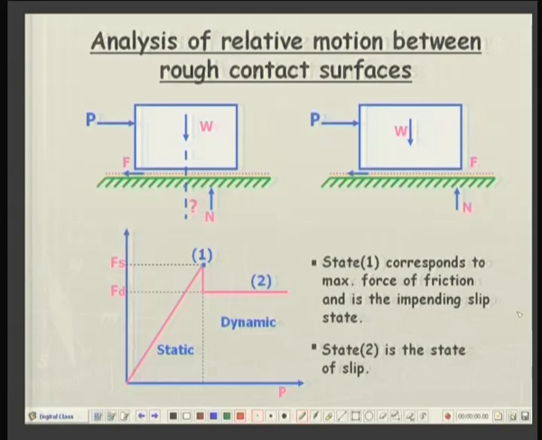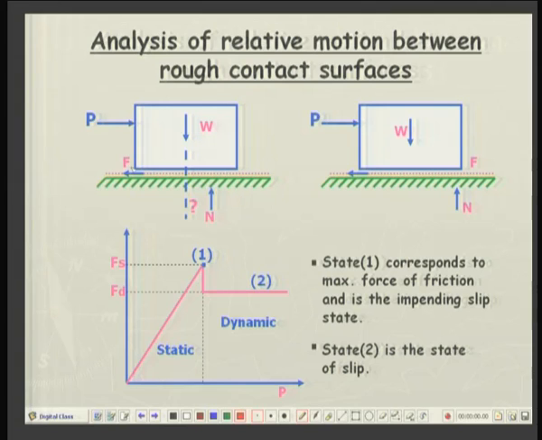Now, the same block we try to push with a force P from the left-hand side. So, it is trying to push the block towards the right, and to maintain the body in equilibrium, because the body has not yet started moving, there must be generated an equal and opposite force F at the contact surfaces between the block and the floor.